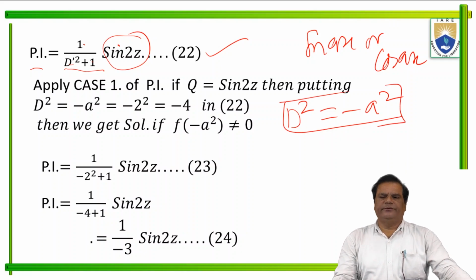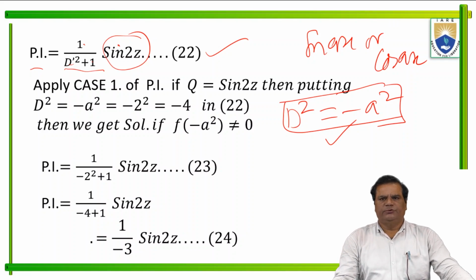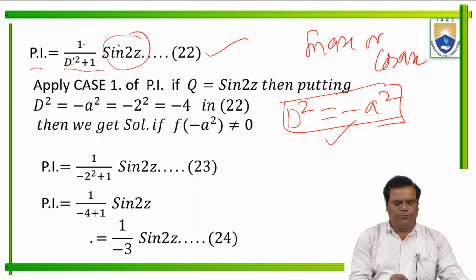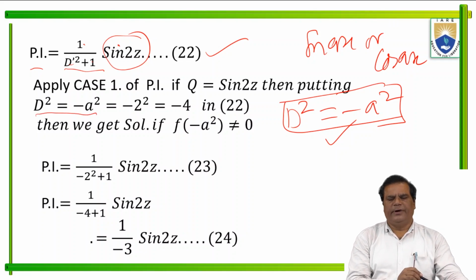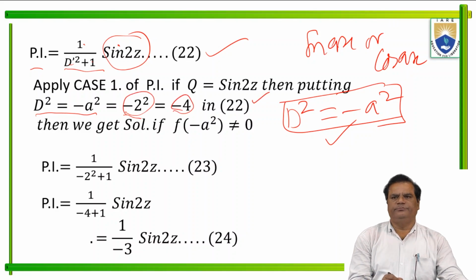We have already discussed this topic in detail, so we are not discussing it here, just putting the value directly. So D square equals minus a square, where a is here 2 in sin ax. So minus 2 square is minus 4 in 22.